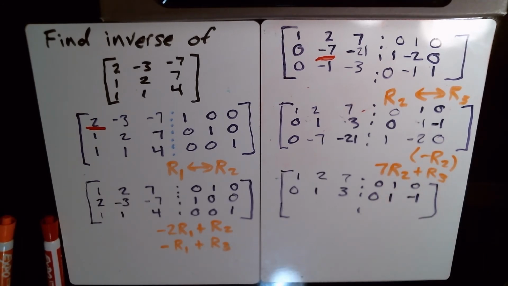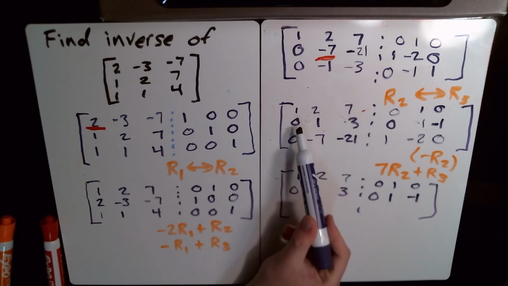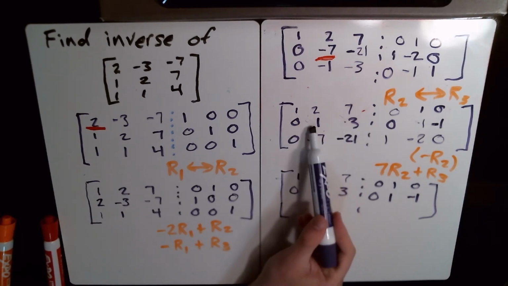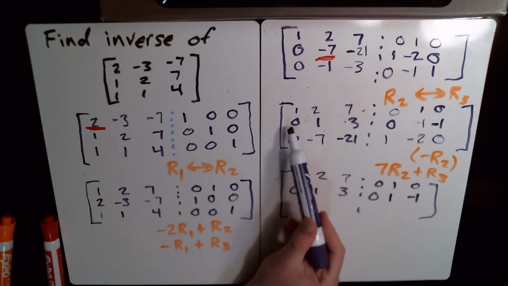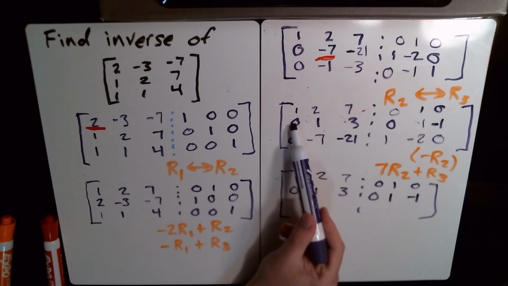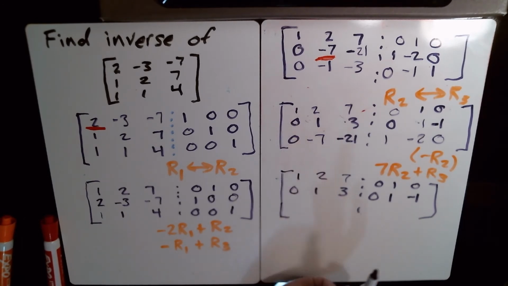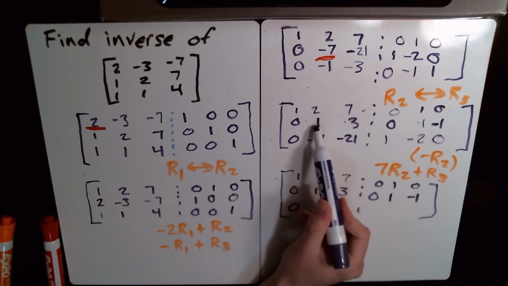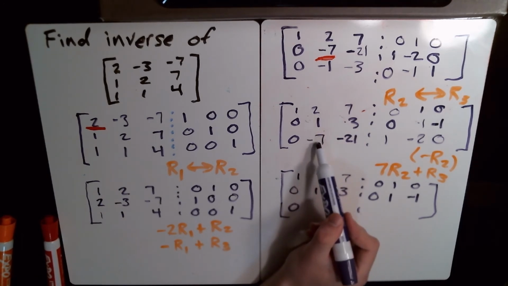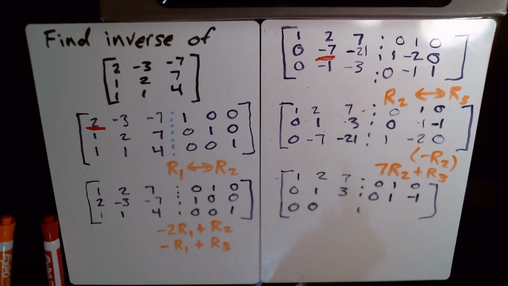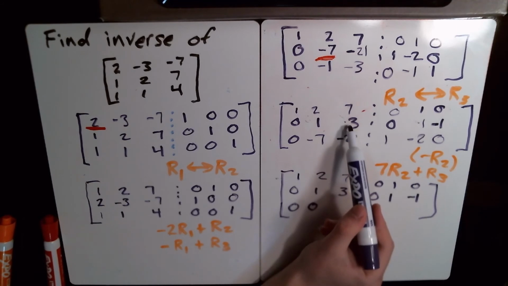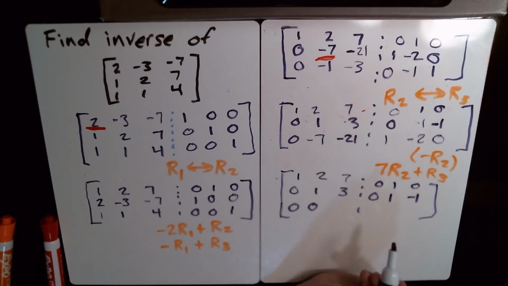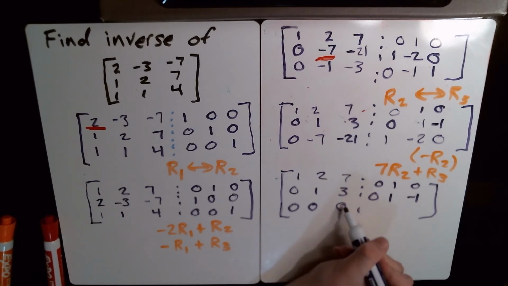Okay. So when I do 7 times the second row plus the third row, I do 0 times 7 is 0, plus 0 is 0. 1 times 7 is 7, plus -7 is 0. Okay. 7 times 3 is 21, plus -21 is 0.